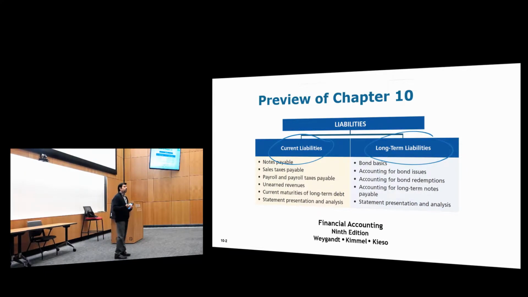The maker of the note is the entity that is making the promise to pay. To them, it is a note payable. They are promising to pay. To the company who is receiving that payment later on, the payee, it will be notes receivable. They are going to receive that payment.